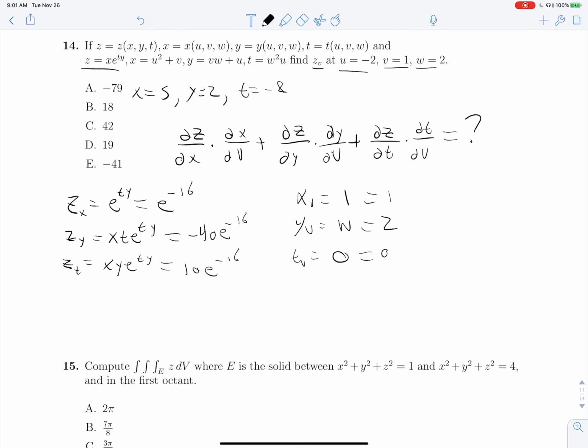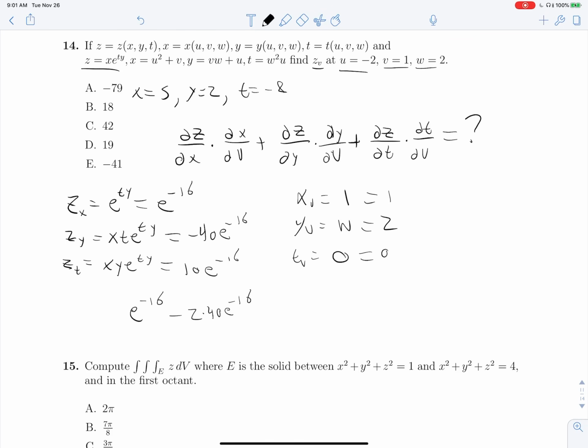And so we see that our answer is going to be xv times zx, which will be e to the negative 16, and then we are subtracting 2 times 40 e to the negative 16, which is negative 79 e to the negative 16.